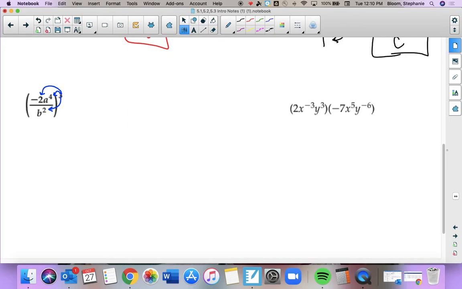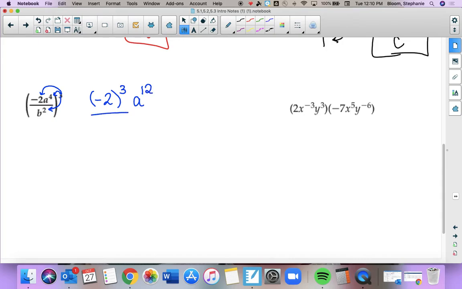Okay, so here's what we have. That -2 is inside parentheses. I have to leave it inside parentheses. And then I have A to the, what do you do with those exponents when you take the exponent into the parentheses? You do not add. Multiply. When you have a power raised to a power, that's multiplication.